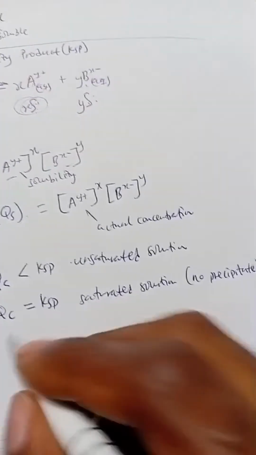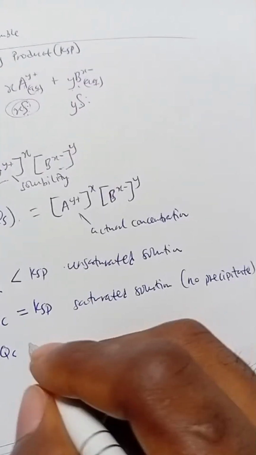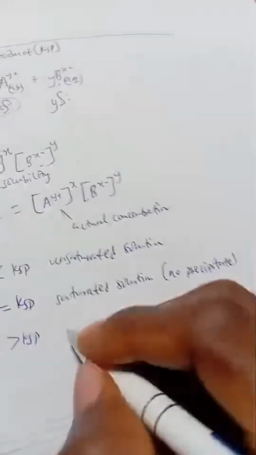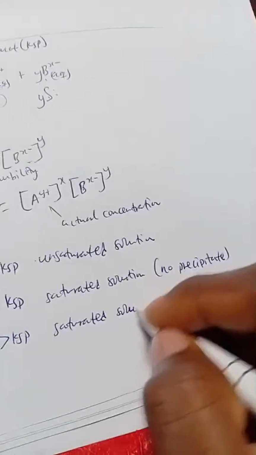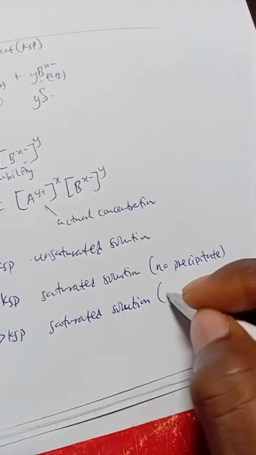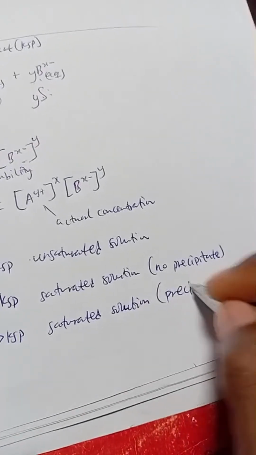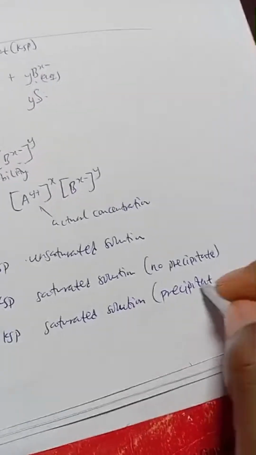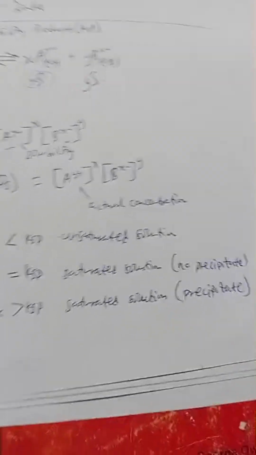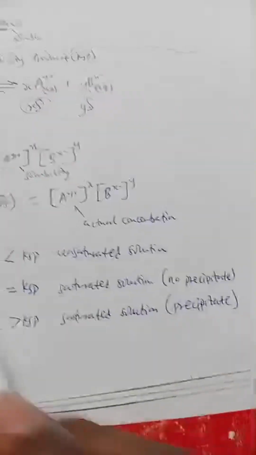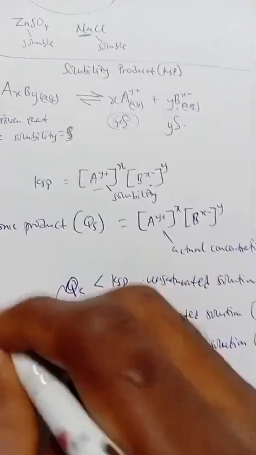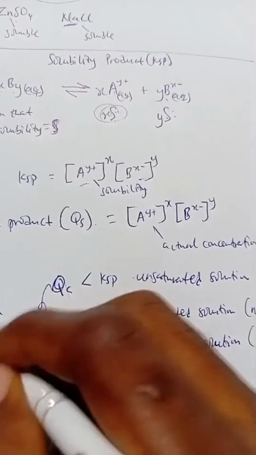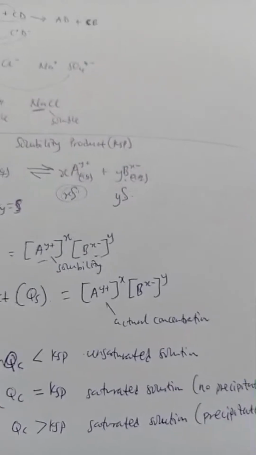And if your ionic product is greater than your KSP, you are going to get a supersaturated solution, and there will be a precipitate formed. So take note of this difference. This one too is very high yield, and it can come in your exams, or it will come.